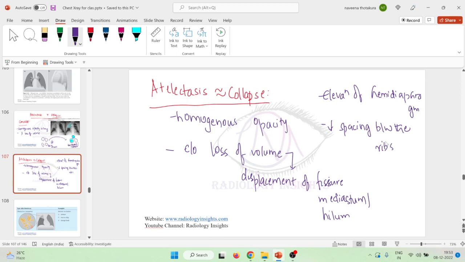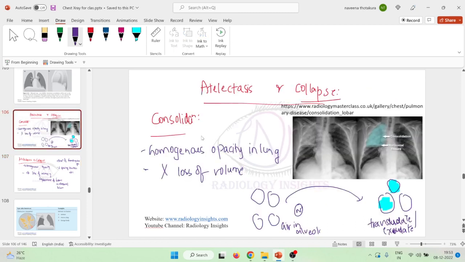Now, one important thing is that lung consolidation will appear white, and the main cause of this lung consolidation is pneumonia. Consolidation's main cause is always pneumonia.